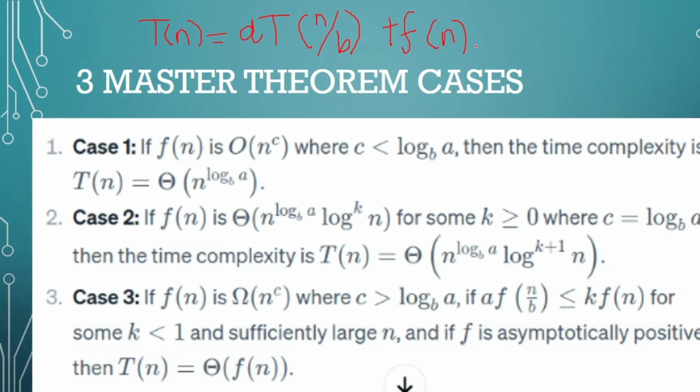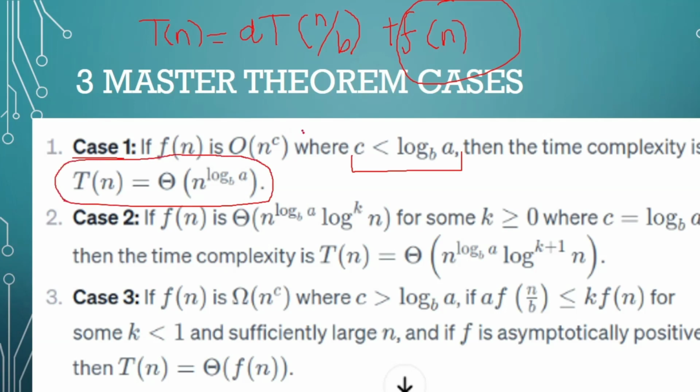So we have three cases that we need to look at. In case 1, we're saying that if f(n) is big O of n to the power of c, whereby c is less than log base b of a, then we'll have a time complexity of this form, right?